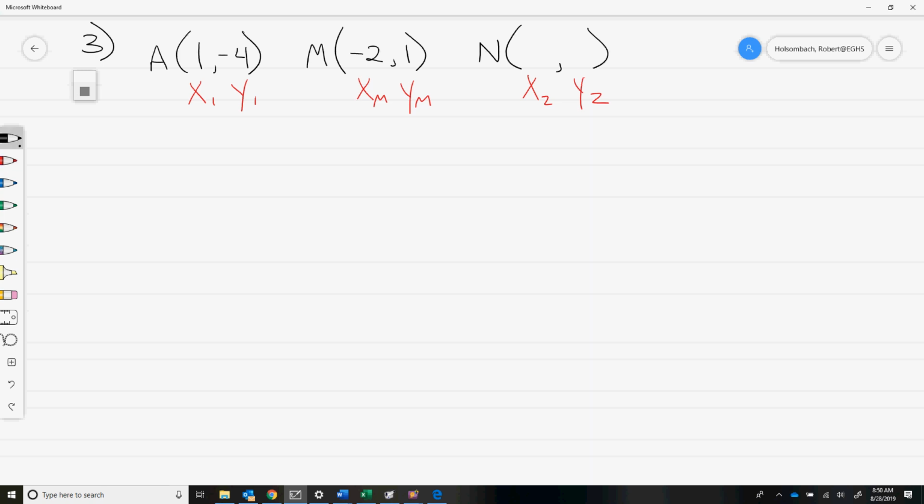Then you substitute. X in the middle, -2 is equal to x sub 1 plus x sub 2 divided by 2. And your y in the middle, 1 is equal to your y sub 1 plus your y sub 2 divided by 2.